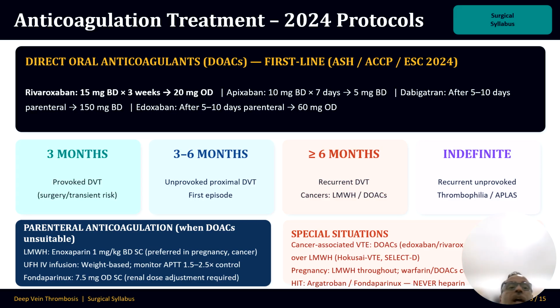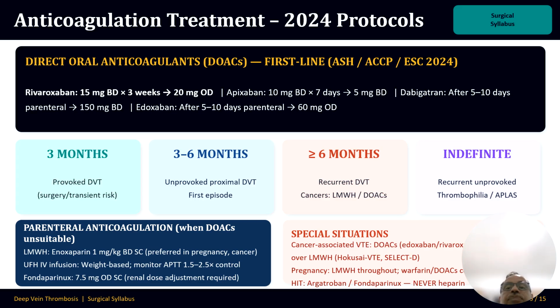Unfractionated heparin IV infusion, weight based, monitor the activated partial thromboplastin time and keep it 1.5 to 2.5 times the control. Fondaparinux 7.5 milligram OD subcutaneously can be given, and renal dose adjustment is required in such cases.